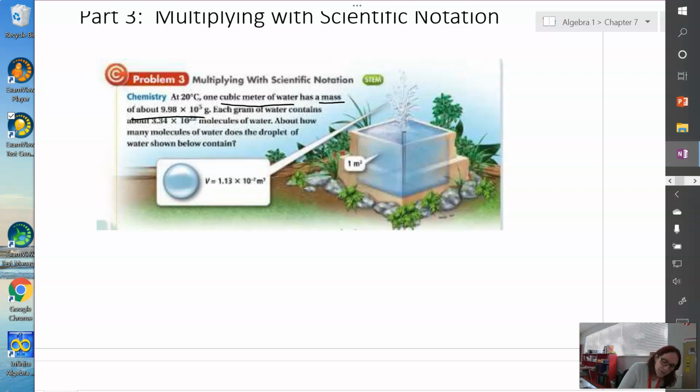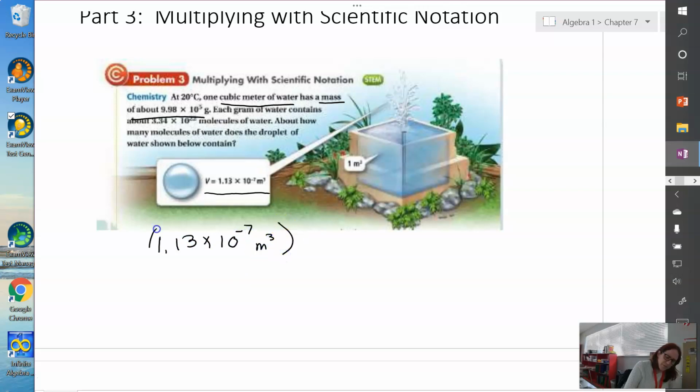And I'm told that this droplet of water, I'm already given its volume, and its volume is 1.13 times 10 to the minus 7. And I want to take that volume of water and multiply it by the number of molecules. So I have a cubic meter has a mass of 9.98 times 10 to the 5 grams. So I have 1.13 times 10 to the negative 7 cubic meters.